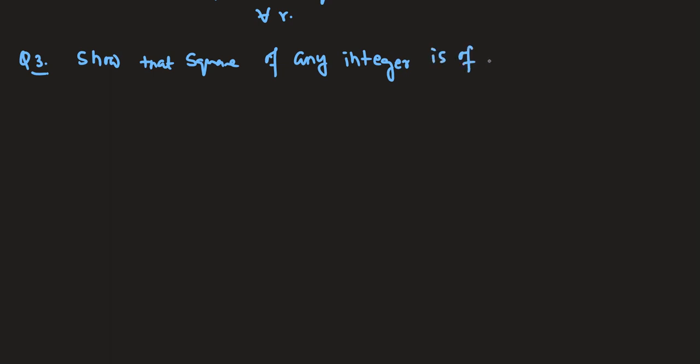Now coming to question number 3. The square of any integer is of the form 4k or 8k plus 1.